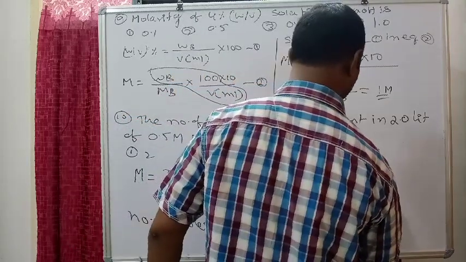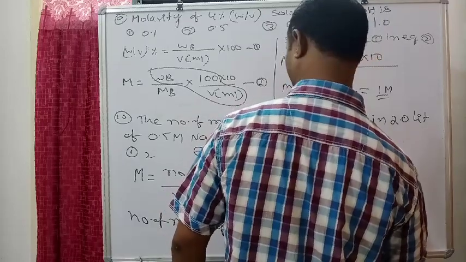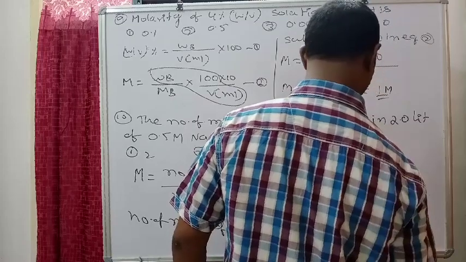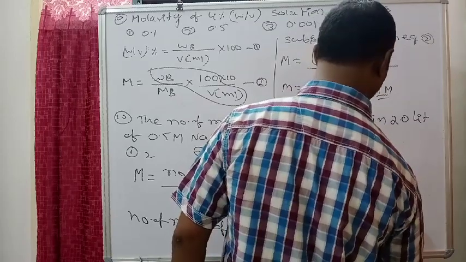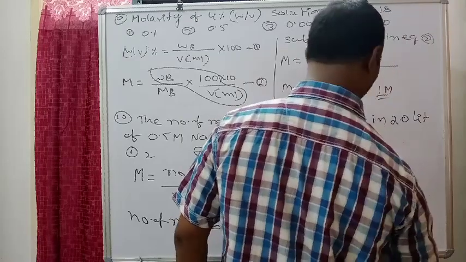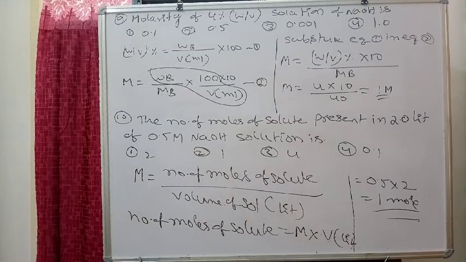So that equals 0.5 into 2, therefore 0.5 into 2 equals 1 mole. 1 mole of NaOH is present in the given solution.